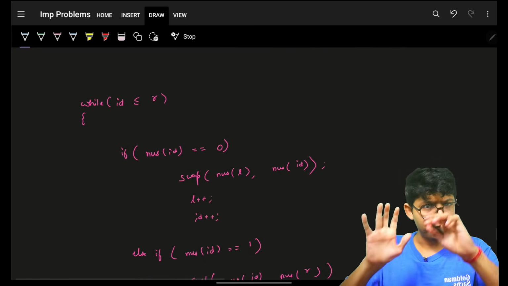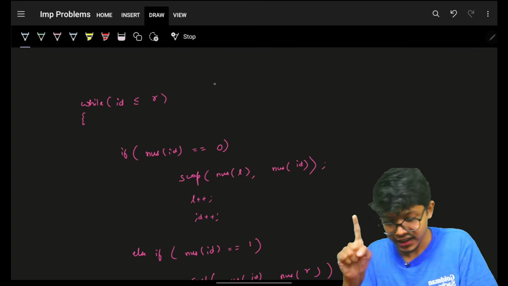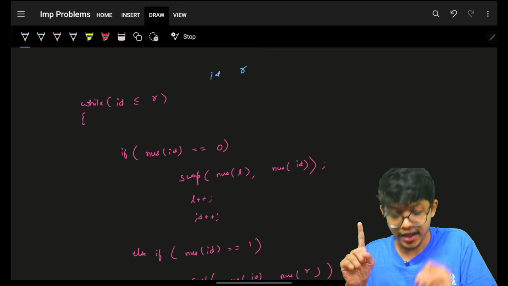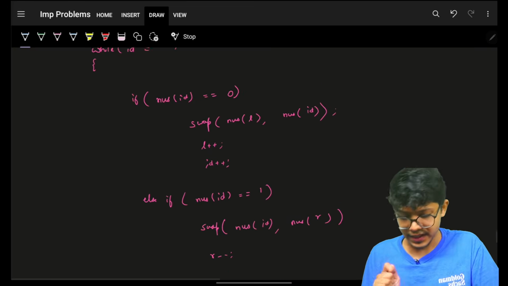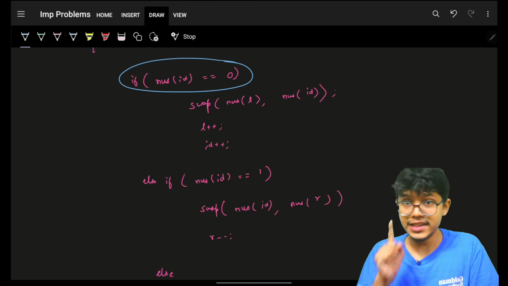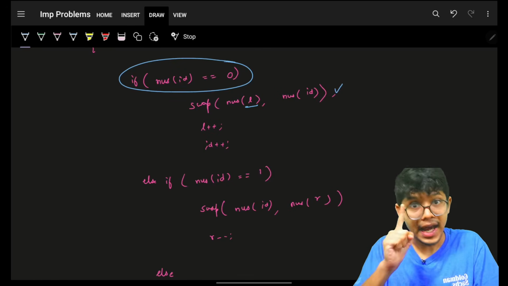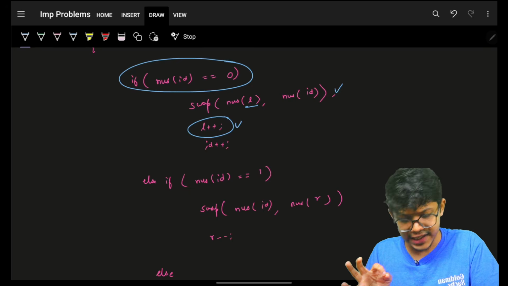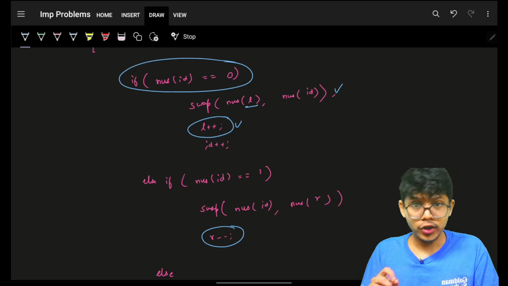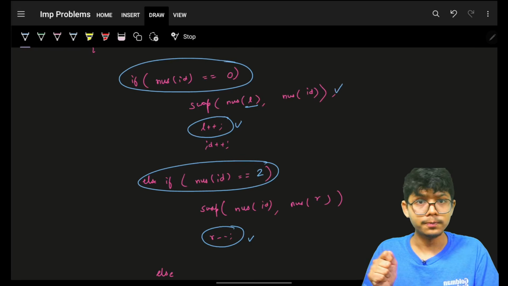Now, if we just do a summarization, we have firstly the condition that ID is related to R. Then we realize that ID should be less than or equal to R. Then we saw that if nums of ID is 0, then I should swap with my L. And I also showed that it is always safe to increase your L, and it is always safe to decrease your R whenever ID is 2.